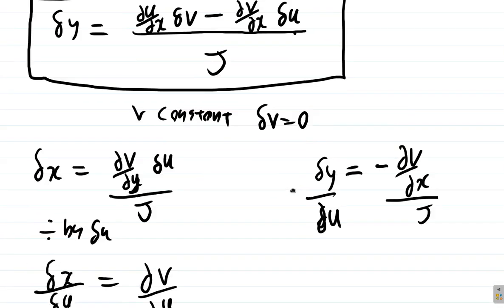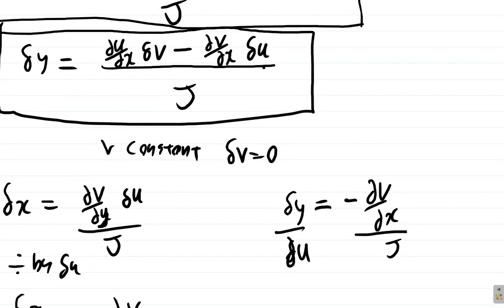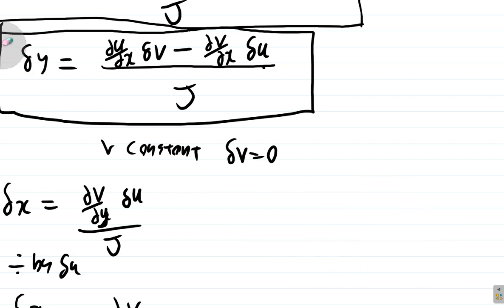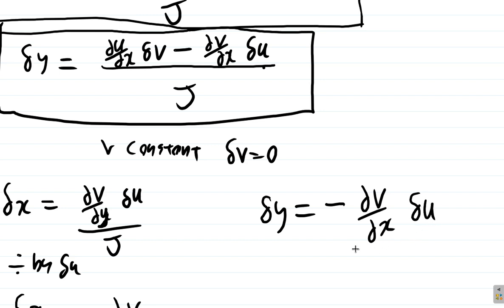Let's look at the case with the change in Y. Let's start it over again. V is constant, so the change in V is 0. This will become 0, so that part is 0. So we have negative partial of V with respect to X times change in U divided by the Jacobian. We divide both sides by changing U, and this would cancel.